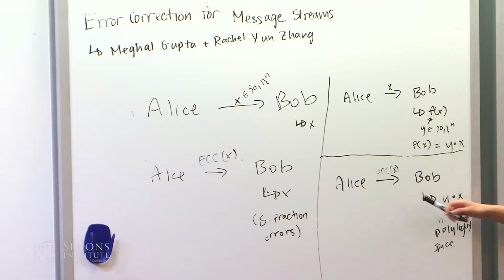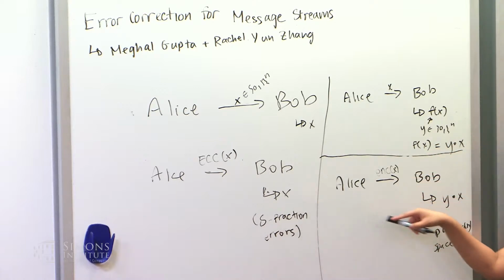If Alice just sent Bob a standard error correcting code, then the problem is Bob would need to first decode ECC of x and then compute y dot x. That isn't actually low space, because Bob needs to store the entirety of ECC of x as part of his protocol. So the question is whether there actually is an analog of this concept for the streaming model.